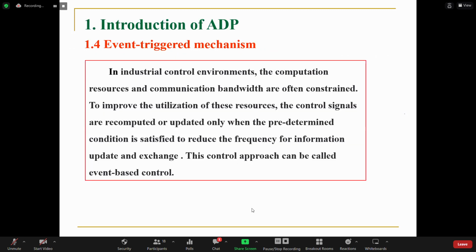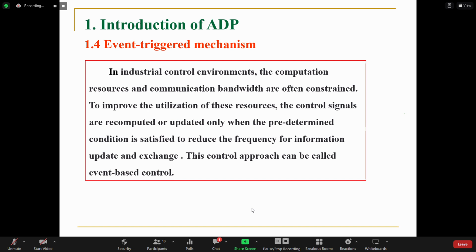Now, let's see the event-triggered mechanism. In industrial control environments, the computation resources and communication bandwidth are often constrained. To improve the utilization of these resources, the control signals are recomputed and updated only when the predetermined condition is satisfied, to reduce the frequency of information update and exchange.